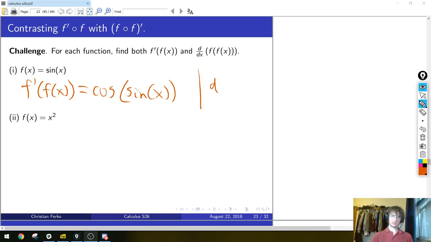Now this is different. Just to contrast, this is the derivative composed with f, and this is the derivative of f composed with f. So this will be different. What's d/dx of f of x?